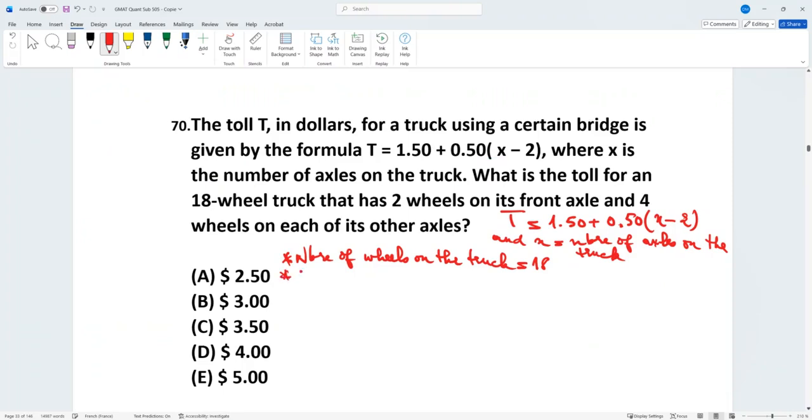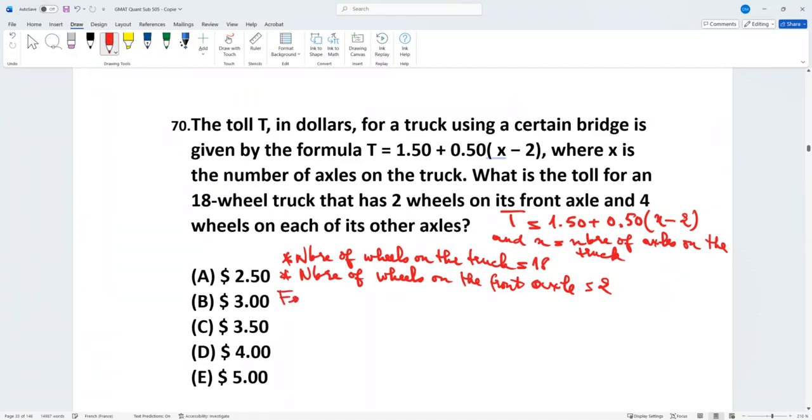And then the number of wheels on the front axle is equal to 2, based on what the prompt says here, two wheels on the front axle.